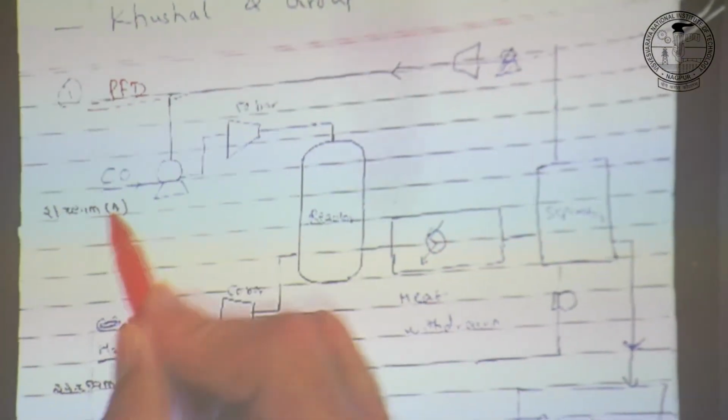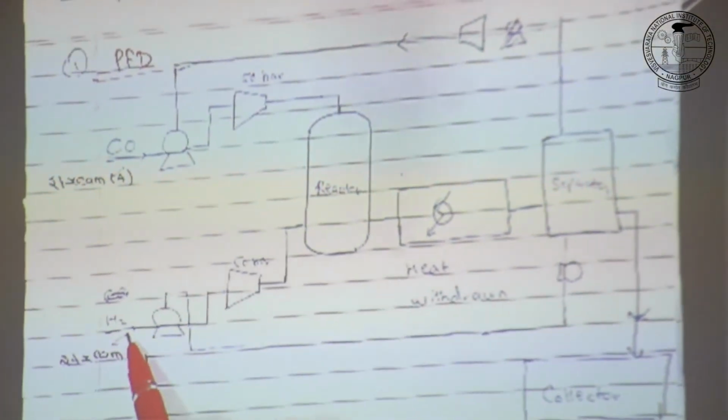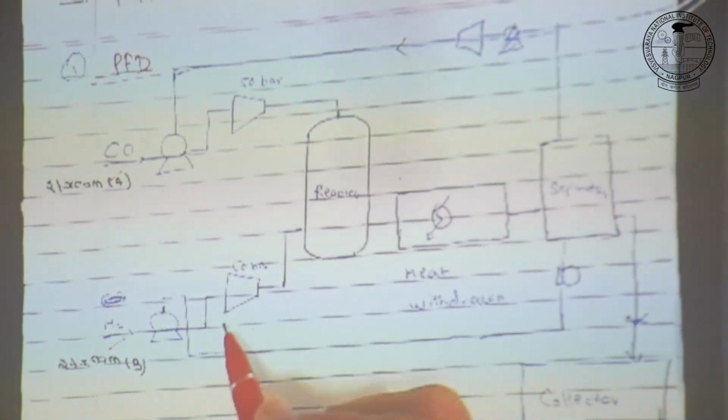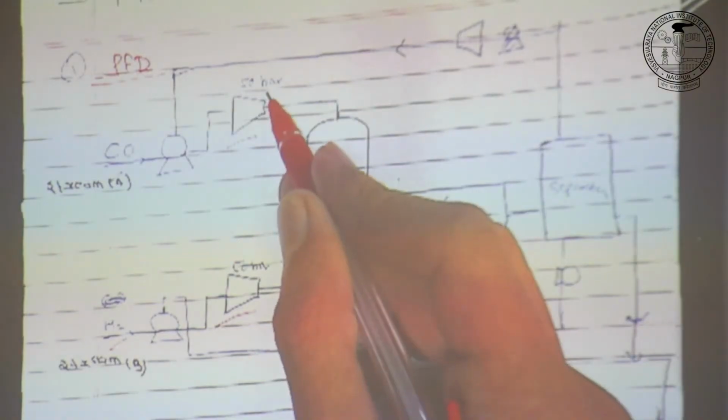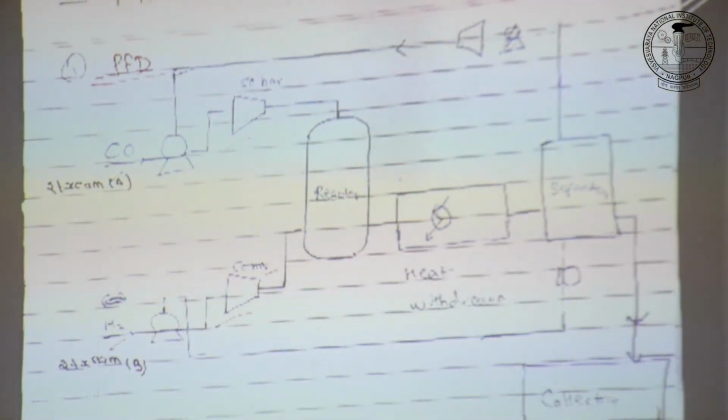The carbon monoxide and hydrogen are passed through a compressor and compressed to 50 bar, as mentioned in the problem statement.